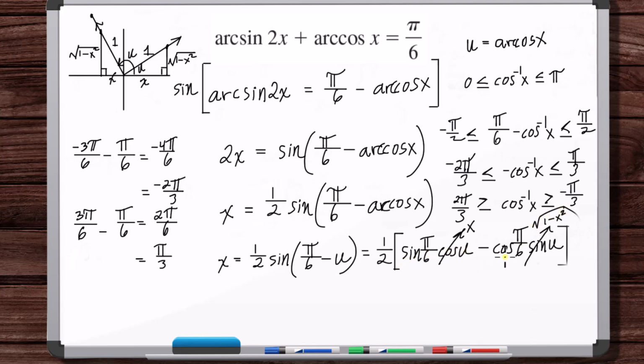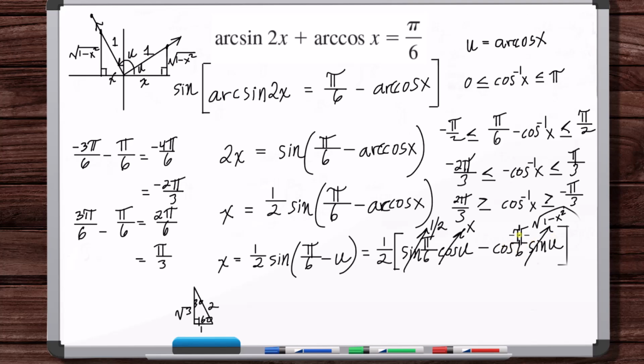Okay, so now what about sine of pi over 6 and cosine of pi over 6? Pi over 6 radians is 30 degrees. So sine of 30 is 1/2.